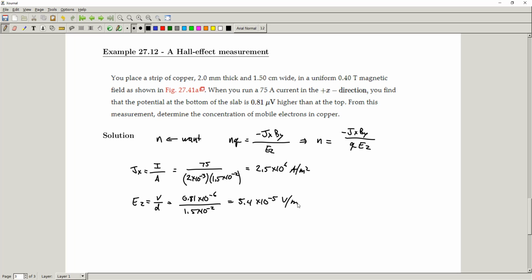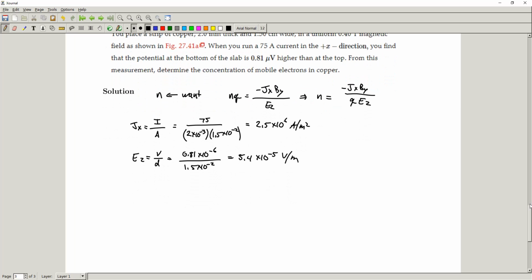So we have our JX, we have our EZ. We're given the strength of the magnetic field, and it's all in the y direction, so that's our BY. q is just the charge on an electron, so we can look that up and sub that in.